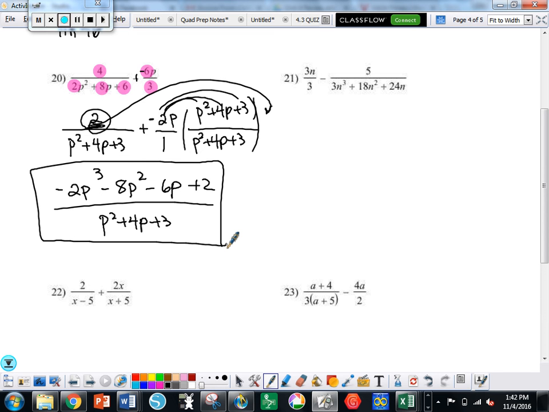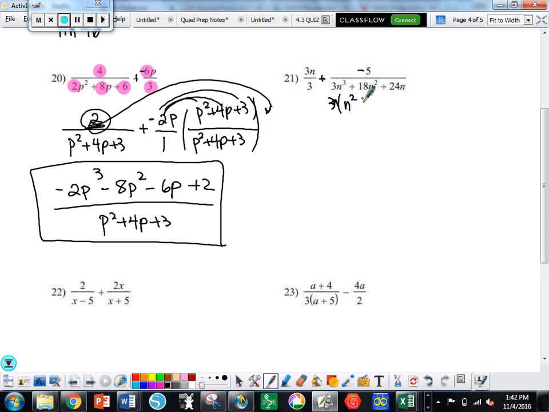Okay, number 21. Again, we could simplify it if we want to. No, there's no need. Plus minus. Let's factor this. If 3 comes out, you're left with a 3n. That's fun. 3n comes out, you're left with n squared.